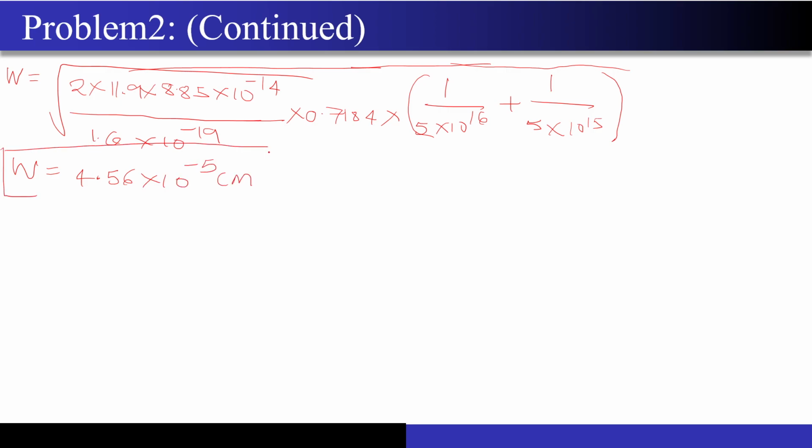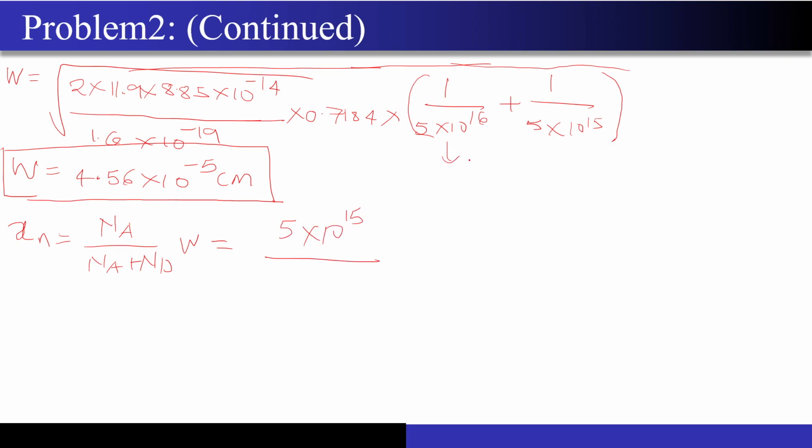Okay. Now this is the value of W that we got. Now the next thing that they had asked was the value of Xn and Xp. Now how to find the value of Xn? So I already told you, like in the equation also we have seen, Xn is nothing but Na divided by Na plus Nd times W, correct? So now if I just substitute these things, 5 into 10 to the power 15, this is Nd and this is Na, correct?